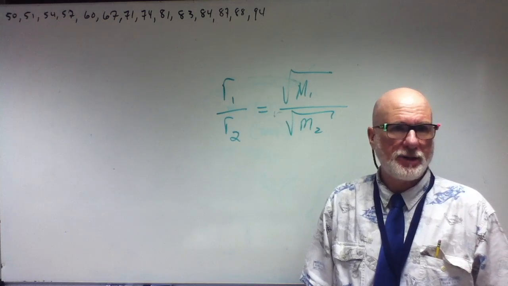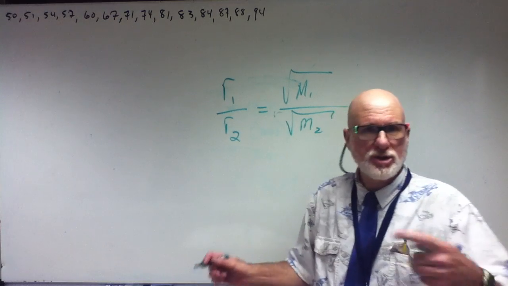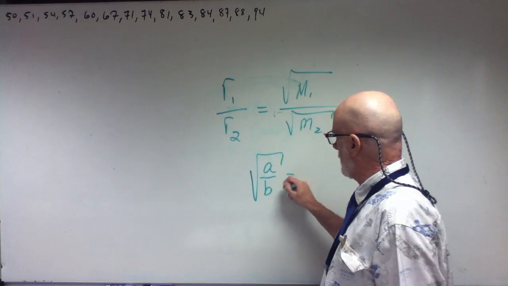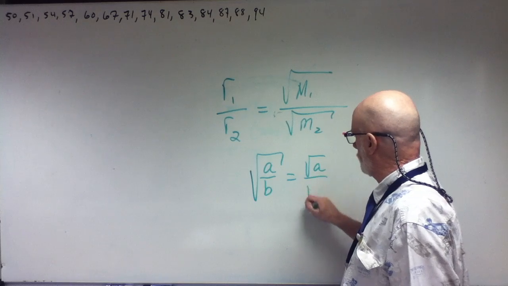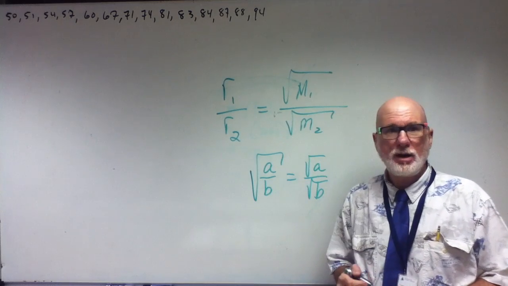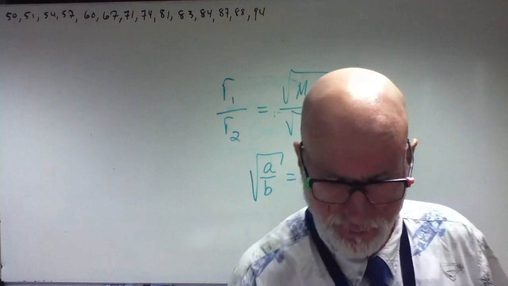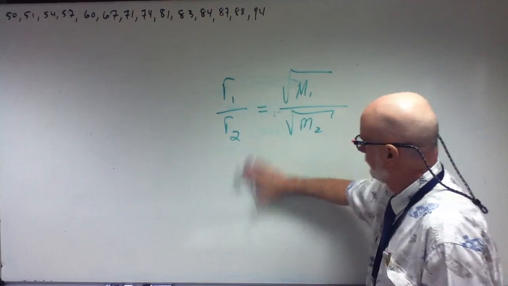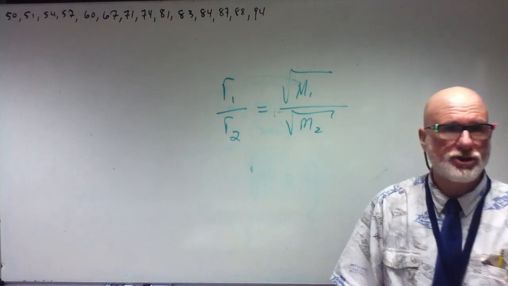Okay, and you are in algebra or not? In other words, what's the rule? The rule says that root A over B equals root A over root B. You can do it either way, whatever suits you.